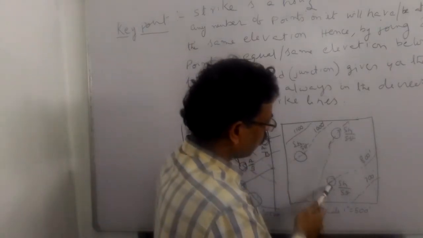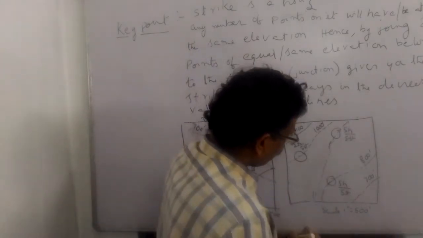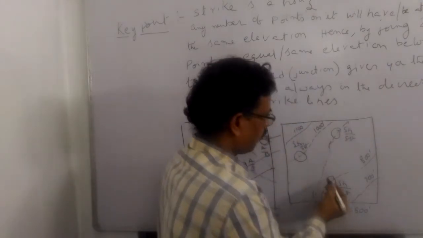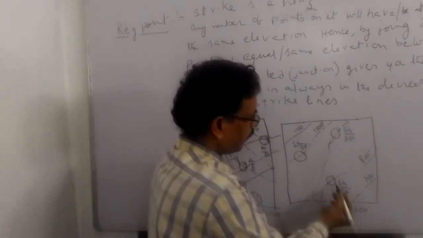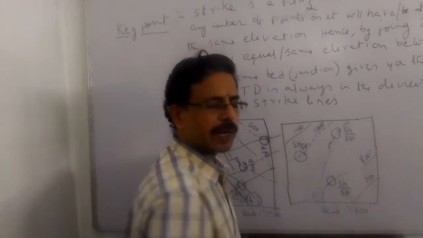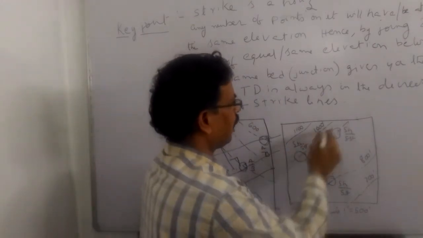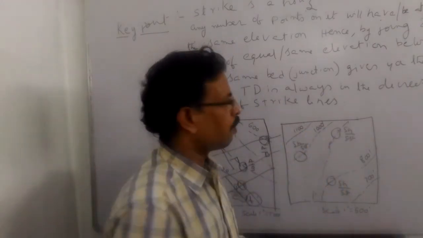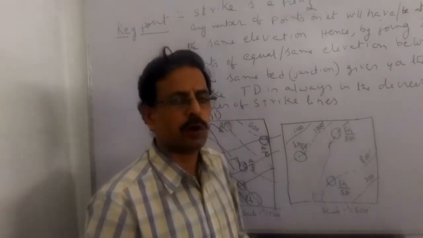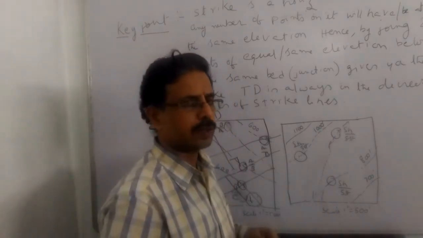One more outcrop is here at this particular point, shale by sandstone, which is at a height of 800. There are 3 shale by sandstone outcrops, but all these 3 outcrops are at different heights.